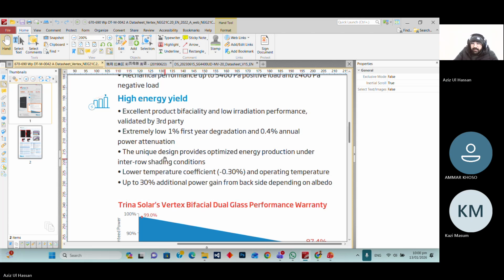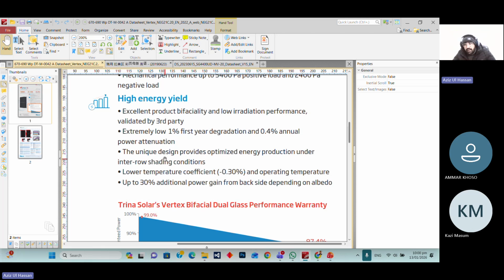So the vendor or the OEM of the PV modules, like Trina, tells us that they will decrease 1% in the first year. So 0.4 is the annual degradation. They calculate at the end of the first year, when the first year is complete, and check that it decreased 1%.